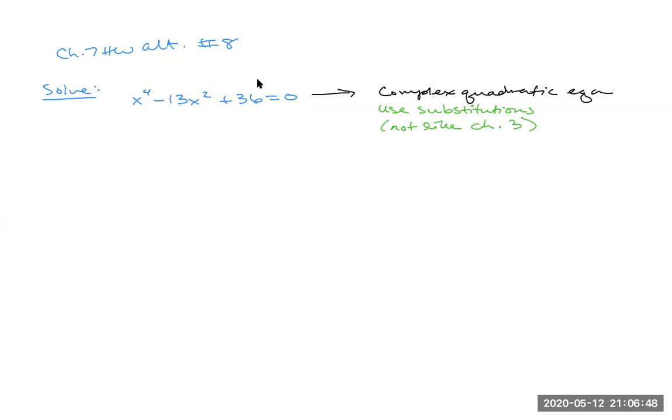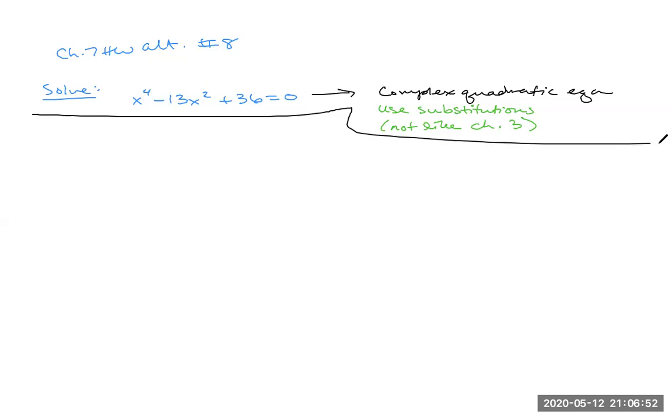All right, so essentially what I'm going to do to start, I'm going to let W be equal to x squared, and you'll see why in a second. Essentially, I'm taking the square root of this guy here.